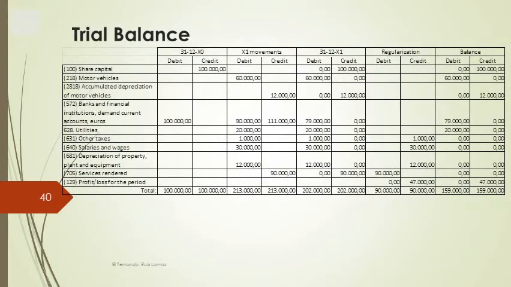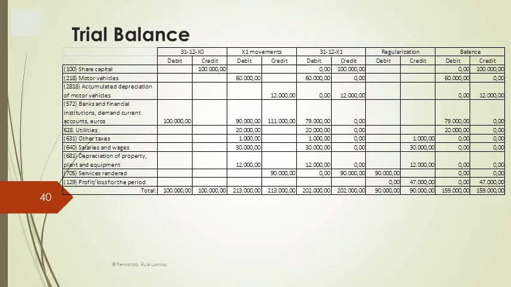In order to elaborate the balance sheet, at the end of period, in the trial balance, we add two regularization columns, so as to sum up the income and expenses accounts balances into a single account. This account is number 129, profit or loss for the period.